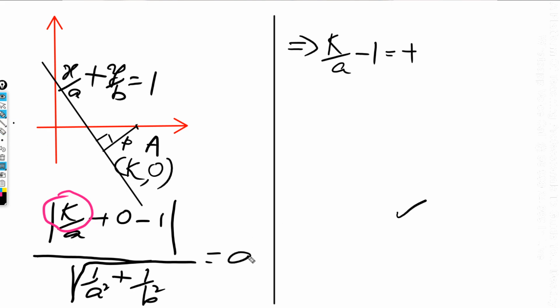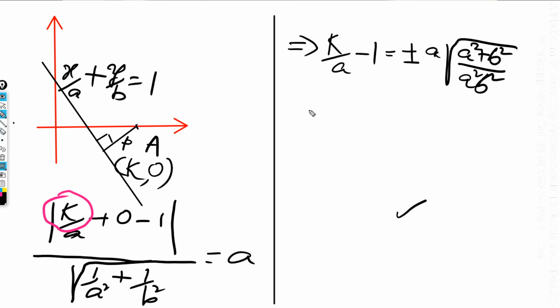This is A. Now K by A minus 1 is equal to plus or minus A into root over A square plus B square by A square B square.